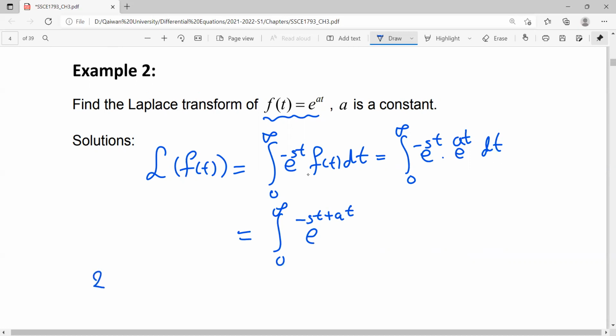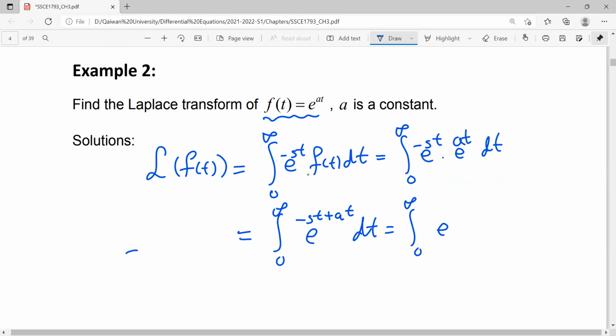Here, take 2 to the power 3 times 2 to the power 5. Can I say it is 2 to the power 3 plus 5? Yes, you can do that. It's the same: e to the power minus st and e to the power at, we can add their exponents.